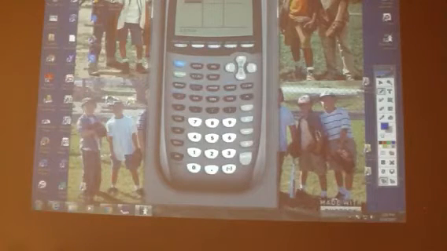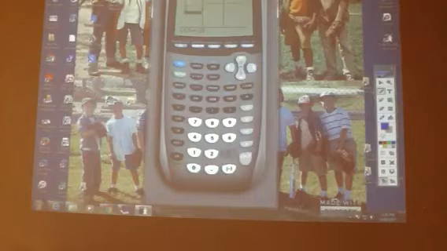Now, what you're going to do is on this fisheries, you're going to put in, starting with 0 on L1, 0, 1, 2, all the way down to what? What number do we put at the end? 8. 0, 1, 2, 3, enter, 4, enter, and so forth.